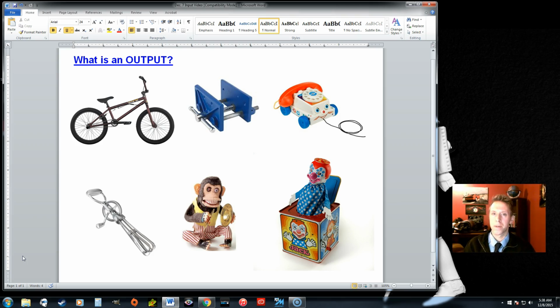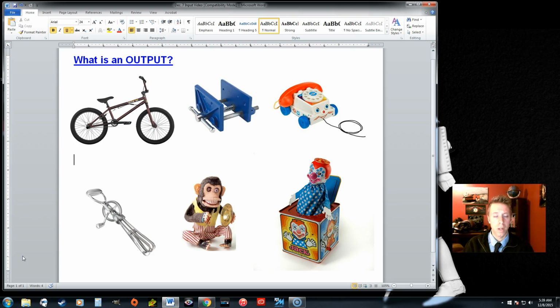Now, another answer that some people often say is that the output of a bicycle is wheels. Okay, so let's think about that again. When you ride the bicycle, both wheels definitely start moving. But think about it again. You flip that bicycle upside down, you start spinning the pedals. Which wheel starts moving? The front definitely is not going to.